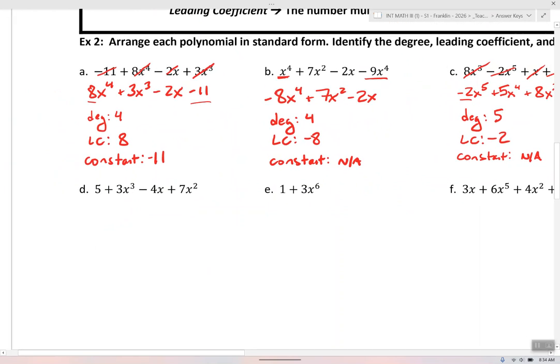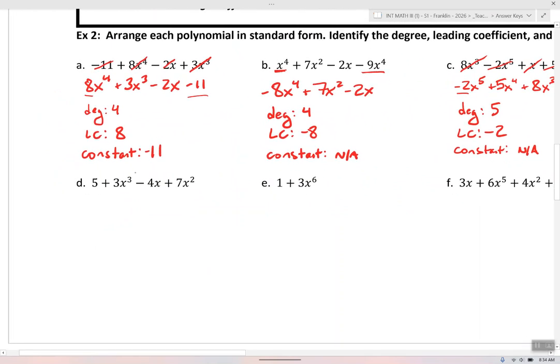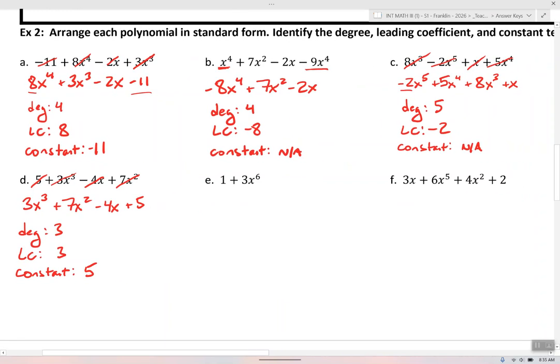Let's go to example D. Looks like the highest term here is 3x to the third plus 7x squared minus 4x plus 5. The degree here is 3. The leading coefficient is also 3. And the constant is 5. Example E, pretty short one. Here we just want to put 3x to the sixth first because it has a higher degree than the 1, obviously.